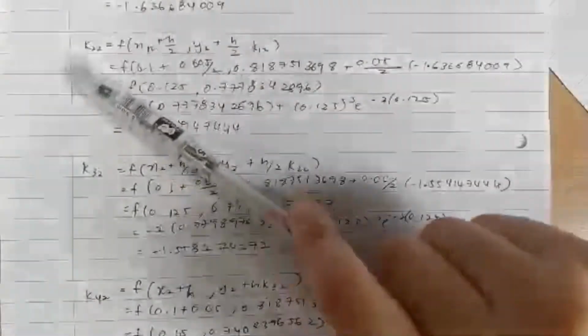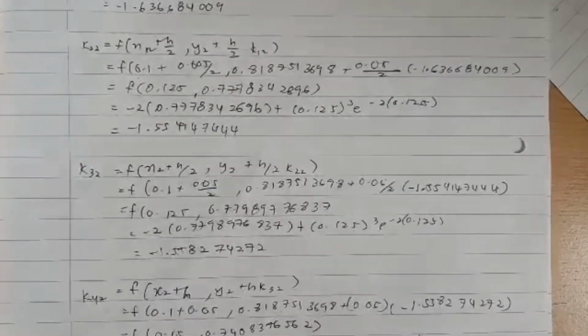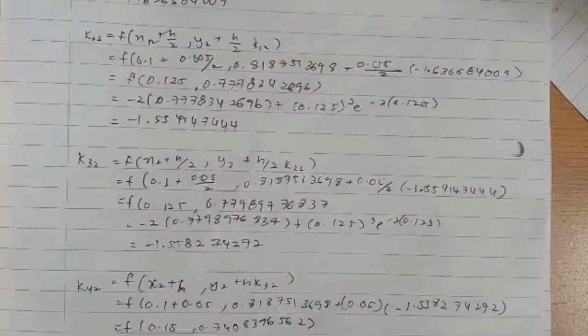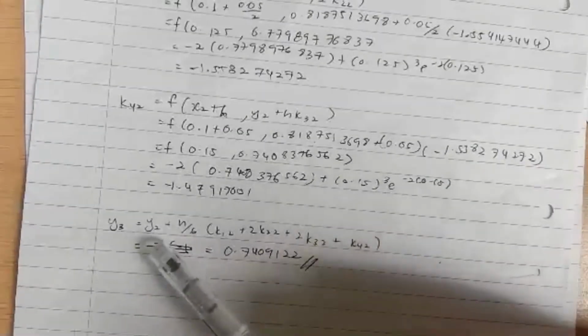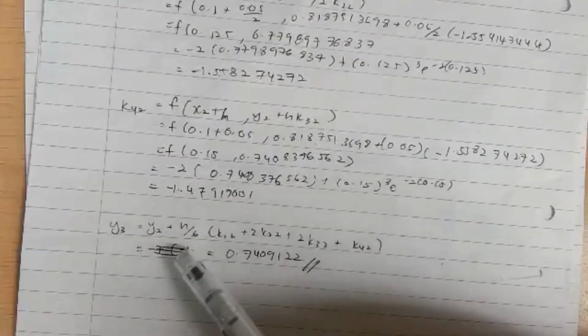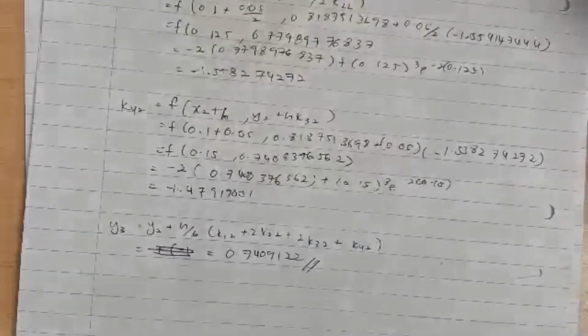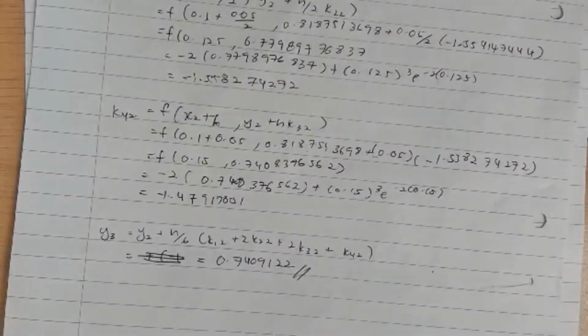Same for the k22, where we substitute the k12 into the k22, just take this value, and it goes on the same until k42. And then lastly for y3, we will use y2 plus h over 6 in brackets of all the k that we calculated before, and then you will get the final answer for the y3 value.